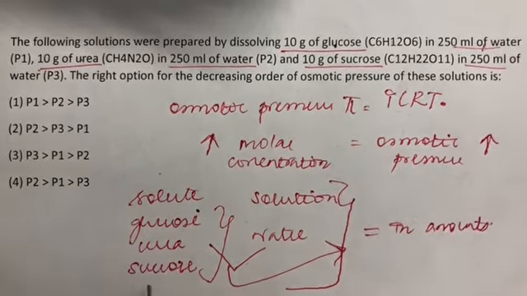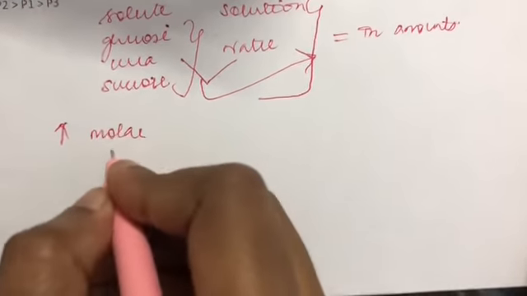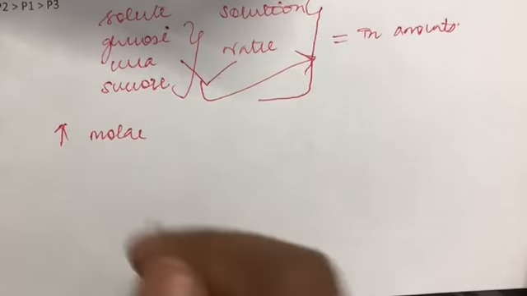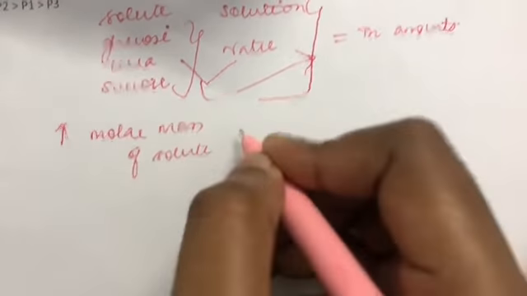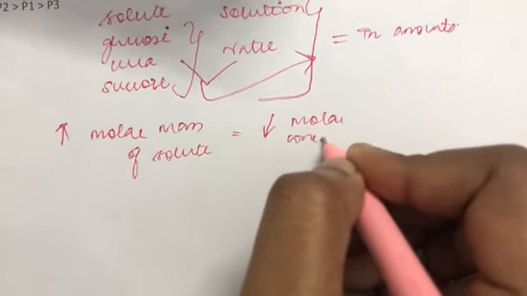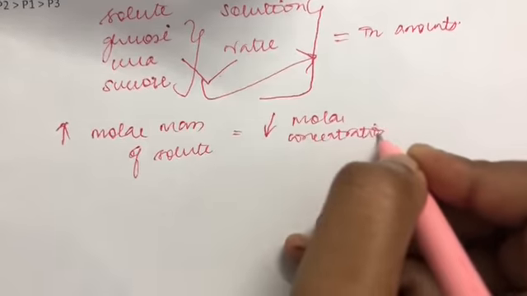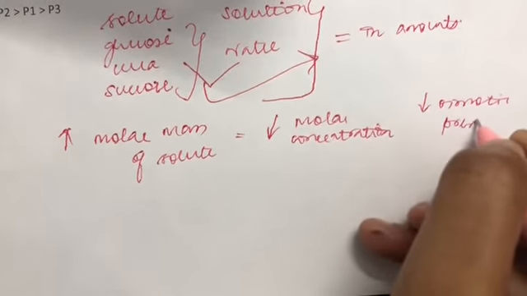Therefore, higher molar mass of solute, lower molar concentration, thereby lower osmotic pressure.